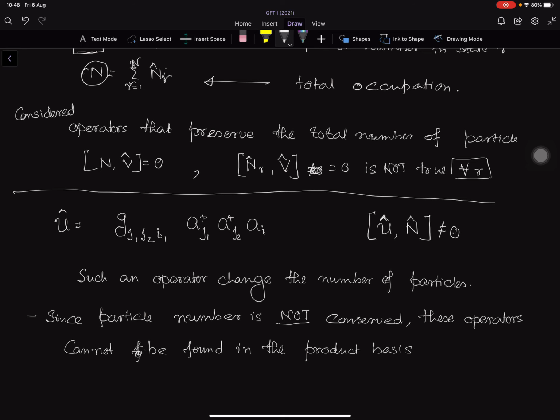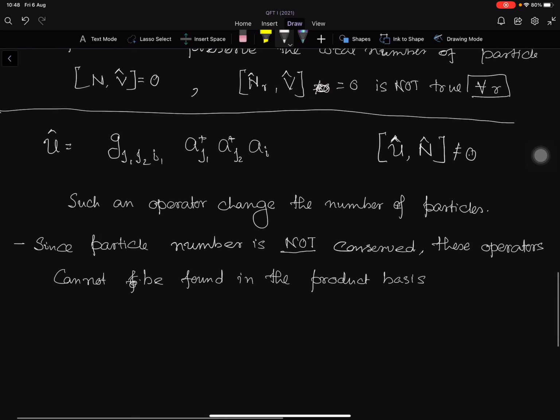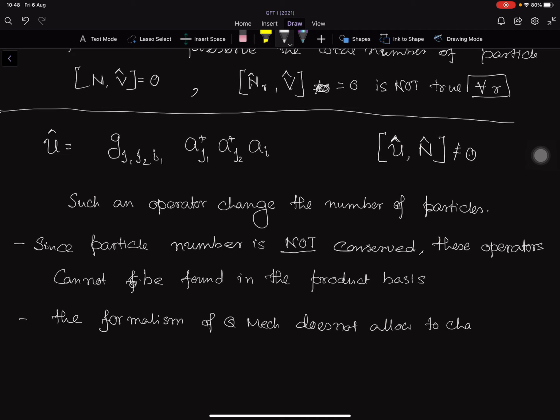The formalism of quantum mechanics does not allow us to change the number of particles.